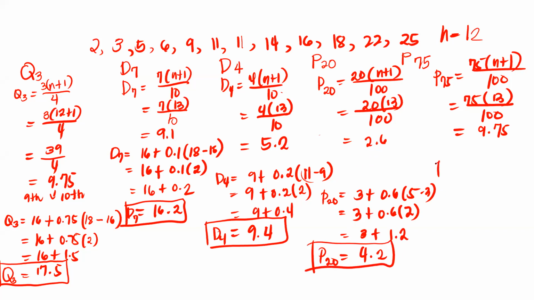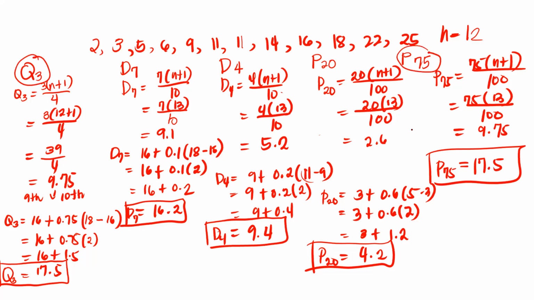How about for P sub 75? Our P sub 75 is 17.5. Bakit po 17.5? Because Q sub 3 and P sub 75 is equal. Pareho sila. This is 75 over 100 or 3/4, which is Q sub 3. Ito, P sub 75. Pareho lang sila nito. Okay? Ayan. Pareho lang.